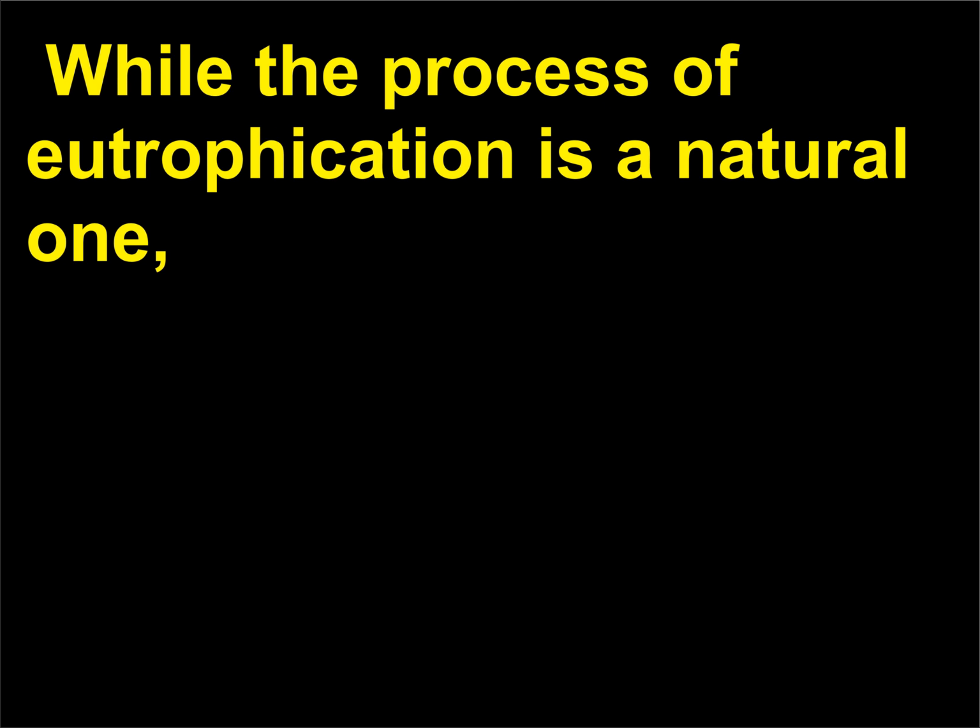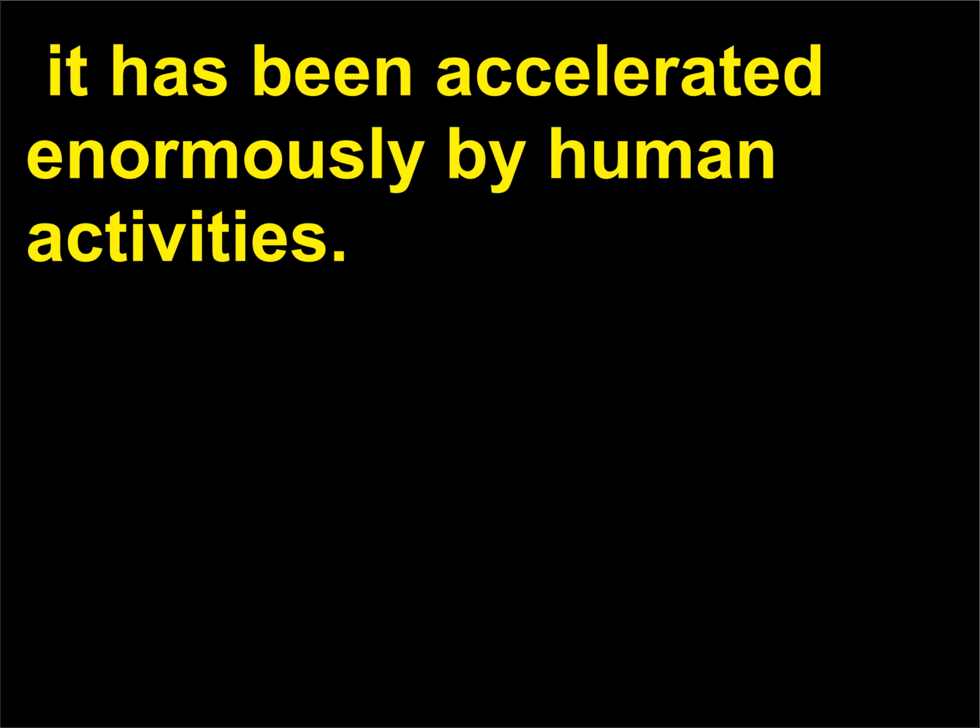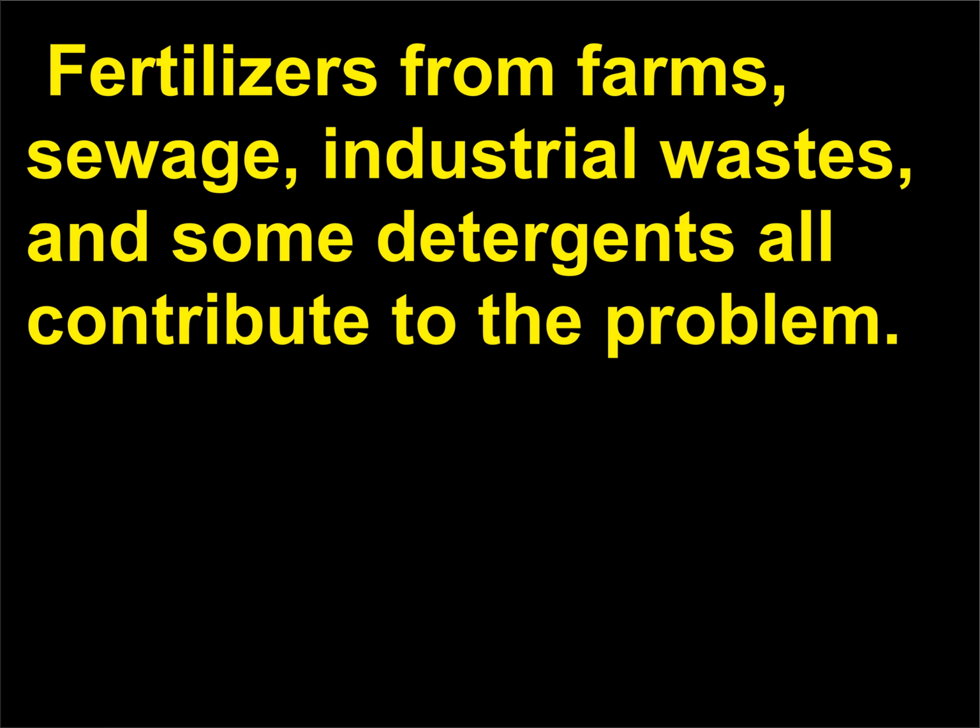While the process of eutrophication is a natural one, it has been accelerated enormously by human activities. Fertilizers from farms, sewage, industrial wastes, and some detergents all contribute to the problem.